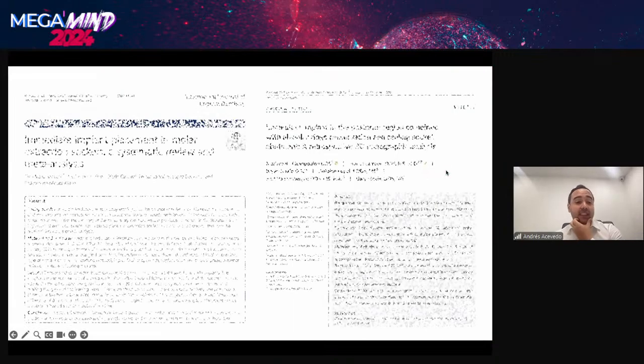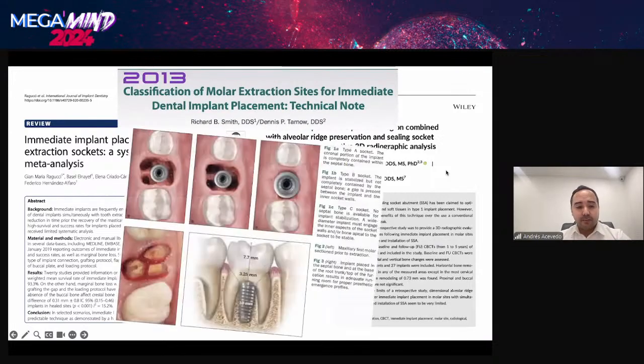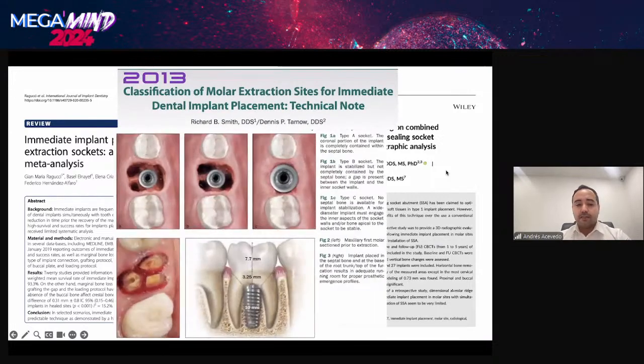There is scientific evidence that supports the immediate placement of implants in the posterior area. In the Tarnow and Smith classification of 2013, we find treatment guidelines depending on the clinical situation, with alveolus types A, B, and C according to the case.